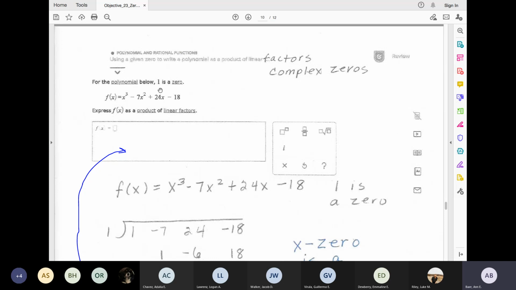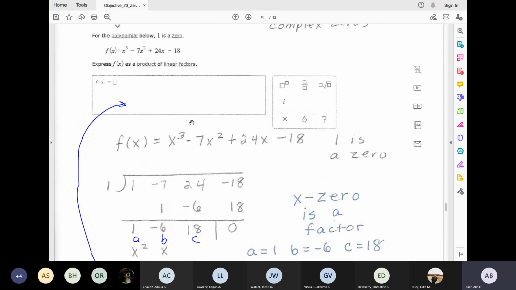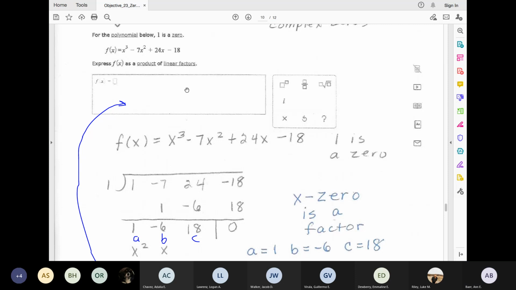For the polynomial below, 1 is a zero. Here's our polynomial. Express f of x as a product of linear factors. And we're given 1 is a zero. So I just copied it down again here. We know 1 is a zero, goes out here.